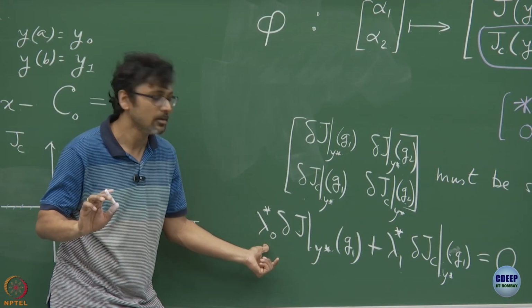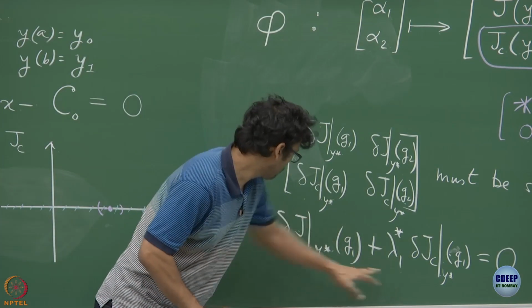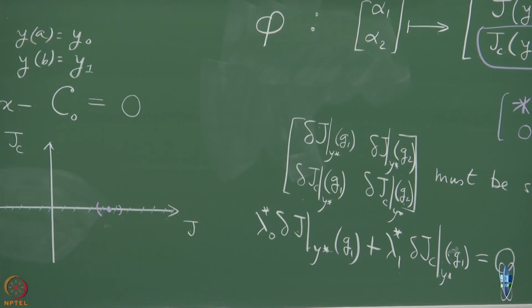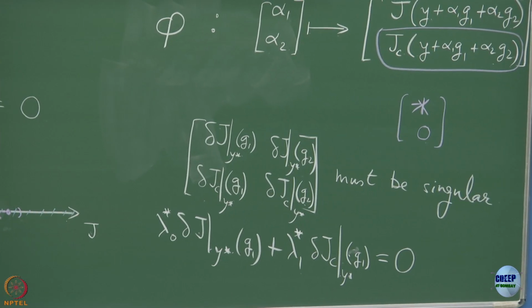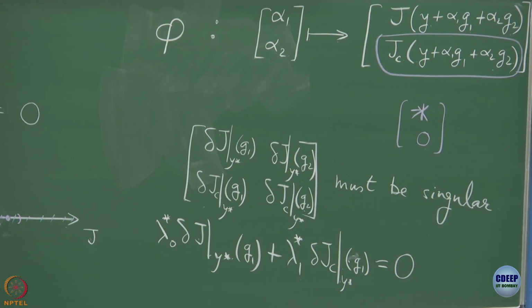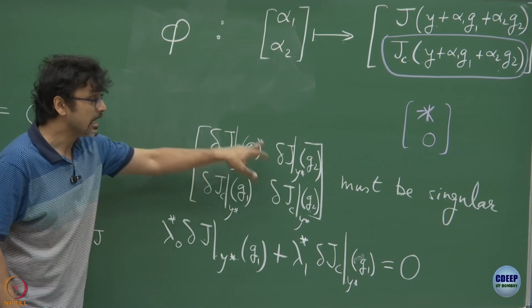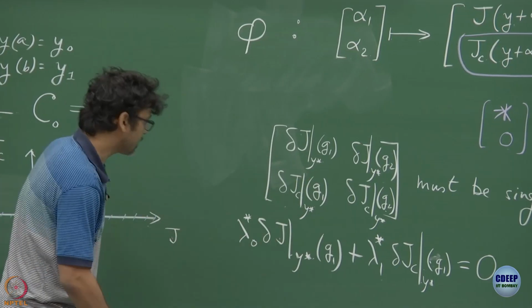Is that clear? So that means, go ahead and solve for this lambda 0 star and lambda 1 star. Of course, there are several values, it's just a ratio, right? Ultimately, that lambda 1 star by lambda 0 star is the ratio that you are finding out. But with that same ratio chosen, because they are going to be linearly dependent, it will also satisfy.